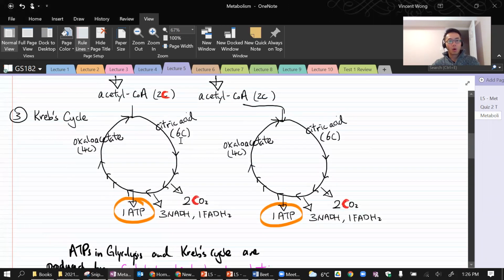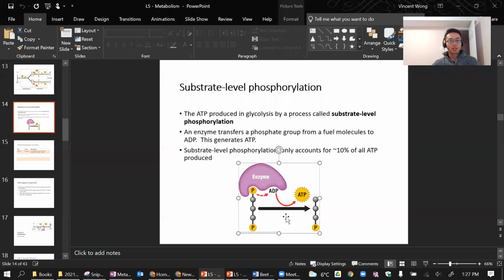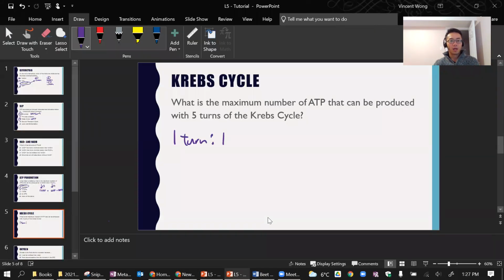You see, one turn will give you all these things, right? 1 ATP, 3 NADH, 1 FADH2. So one turn, 1 ATP by substrate level phosphorylation, and then we have 3 NADH and 1 FADH2.